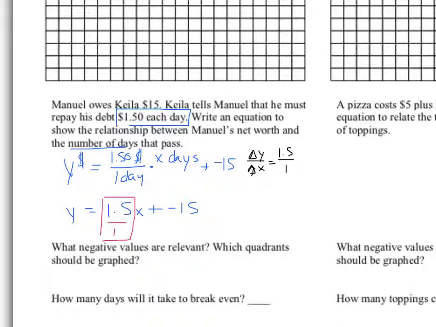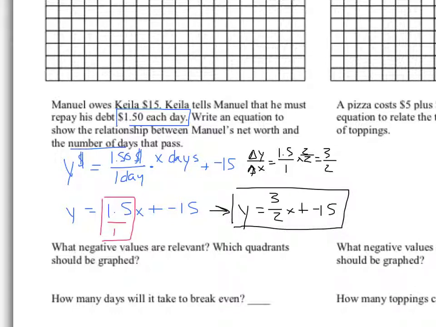Is it 2? That's going to give me 3 over 2. So I'm going to rewrite this as y is equal to 3 halves x plus negative 15. This is the equation that I want to graph.